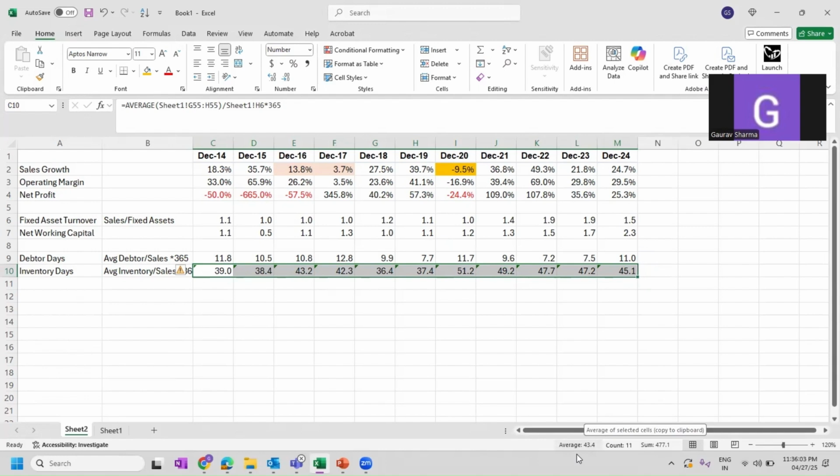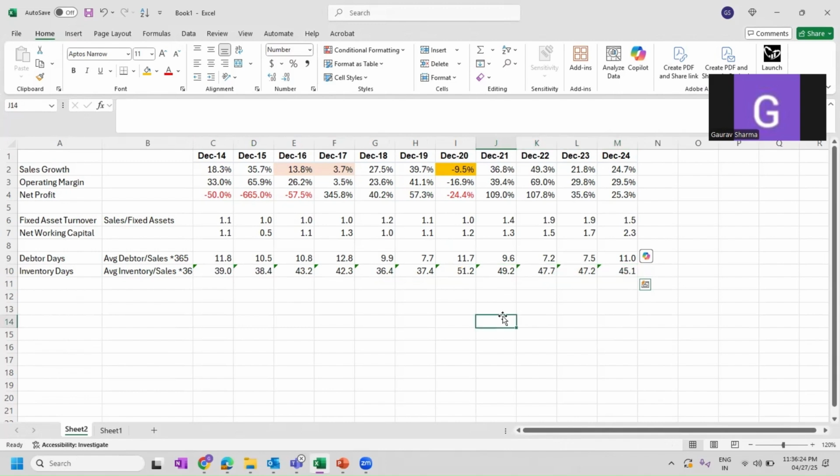Just by looking at this number, it is difficult to tell if it's a good number or a bad number. What I can tell you is, ideally, this number should be reducing with time, which it is not. From 39, I have come to 45. And even if I take the most current data, yes, this still looks fine.